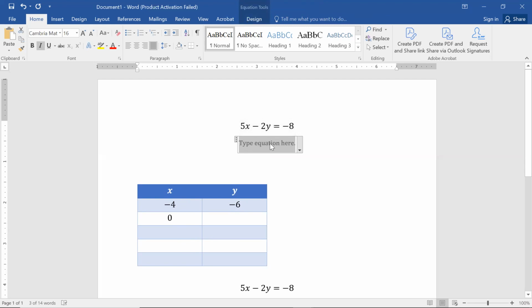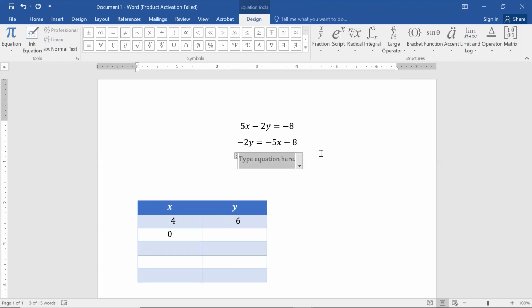I'm going to subtract 5x from both the left and right-hand sides. That will give me, on the left-hand side, just -2y. On the right-hand side, if I subtract 5x, I get -5x minus 8. Then what I can do is divide both sides by -2.